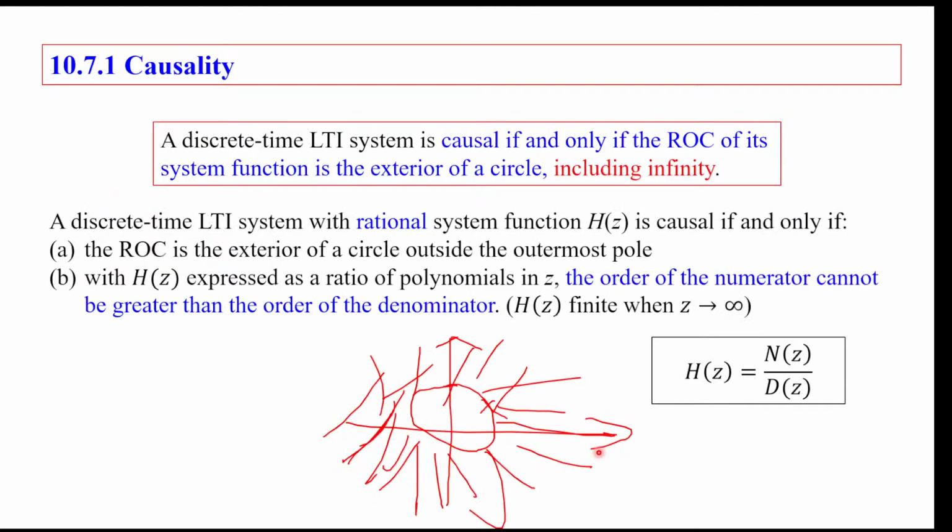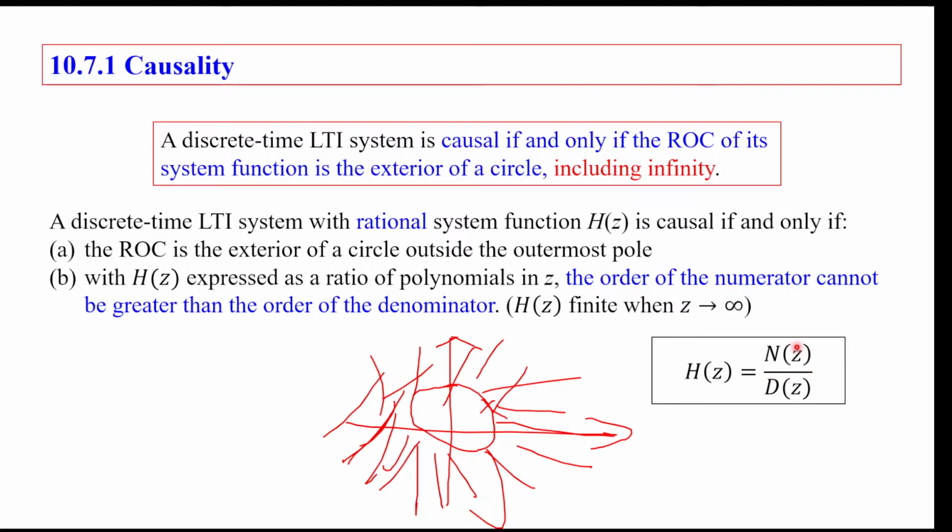So this is our rule for causality: causal if your ROC includes infinity. Then we can go back to rational functions and do a bit more derivation. For a rational function to be causal, once again your ROC needs to be outside the outermost pole, and including infinity can be expressed in terms of the degrees of your numerator and denominator. Your ROC including infinity means that when z goes to infinity, your H of z is finite.